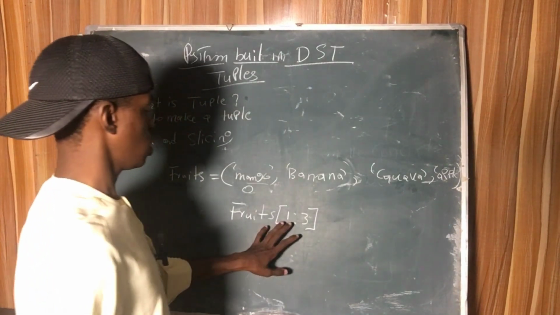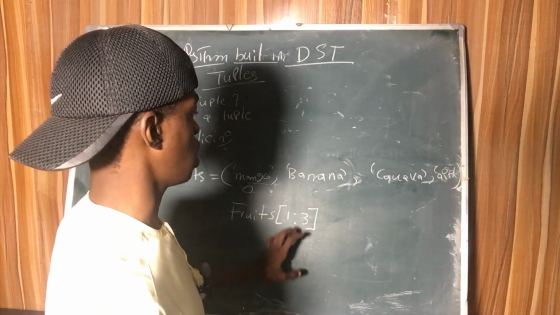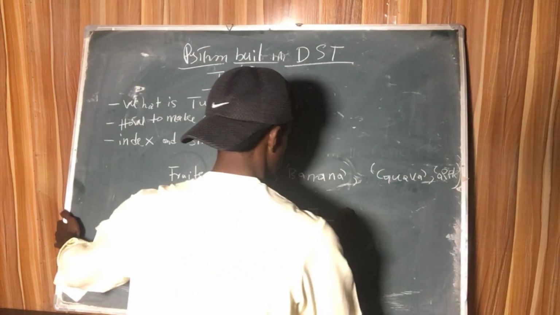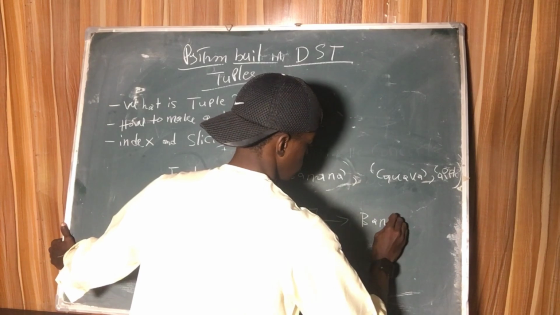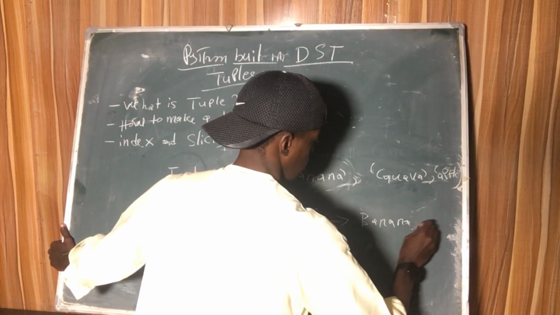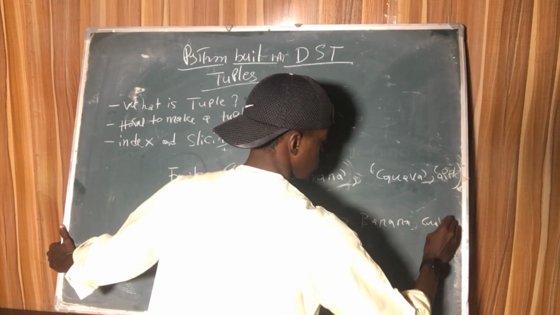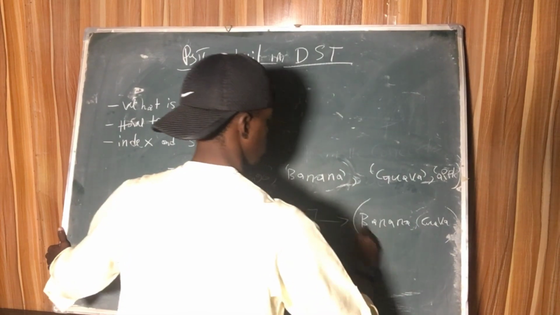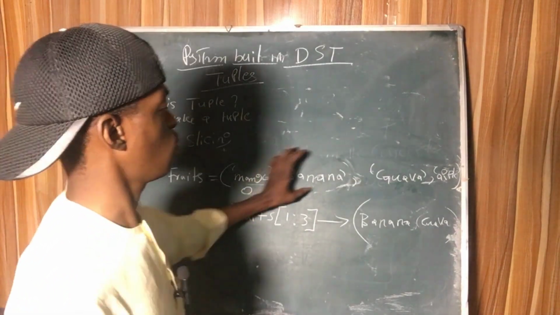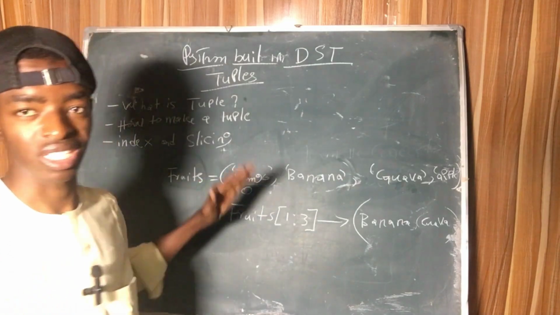So this is how I'm going to slice only these 2 elements. In the output, I'm just going to see only banana and guava. I'm going to see only these two elements. So this is what we call slicing.